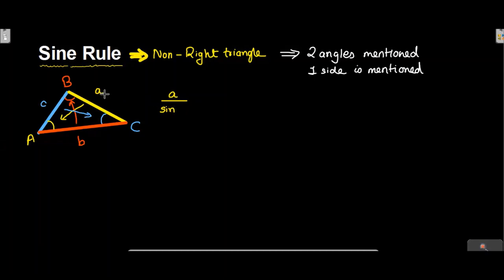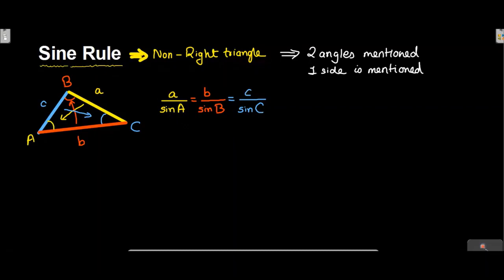There is a side a here, the opposite angle of that side a is capital A, so we write sine A. Similarly, b divided by sine B, and c divided by sine C. I have shown you with three different colors so that it is clear which side and which angle we are talking about.